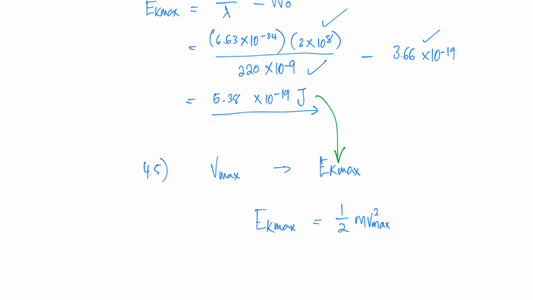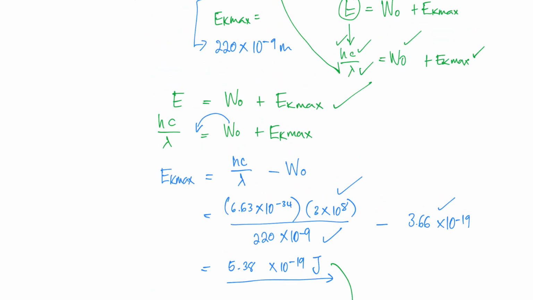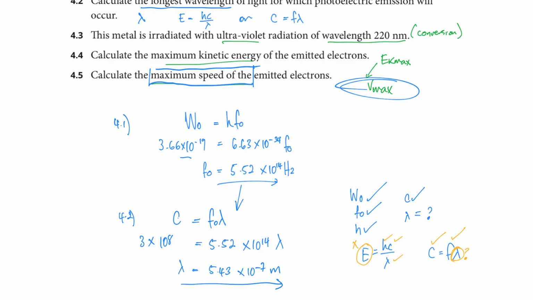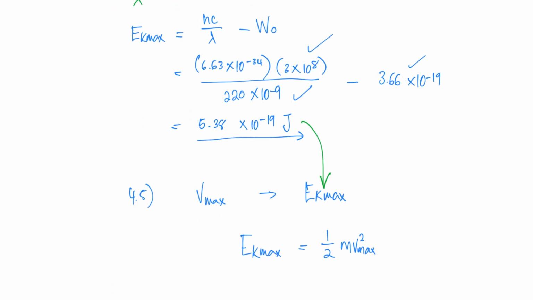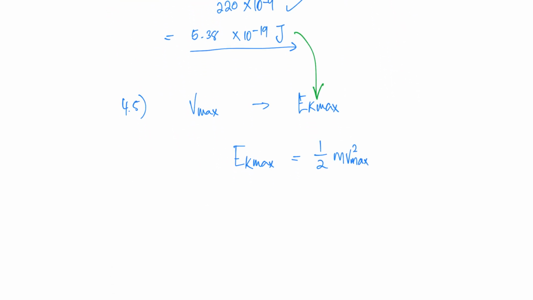But the thing that I also need is the mass, because we're looking at electrons. Like I said, the mass of an electron is on your formula sheet. So your mass for this question is 9.11 times 10 to the power of negative 31 kilograms.